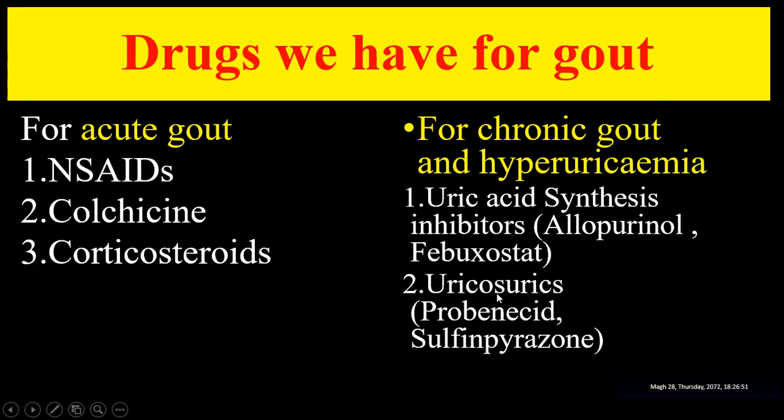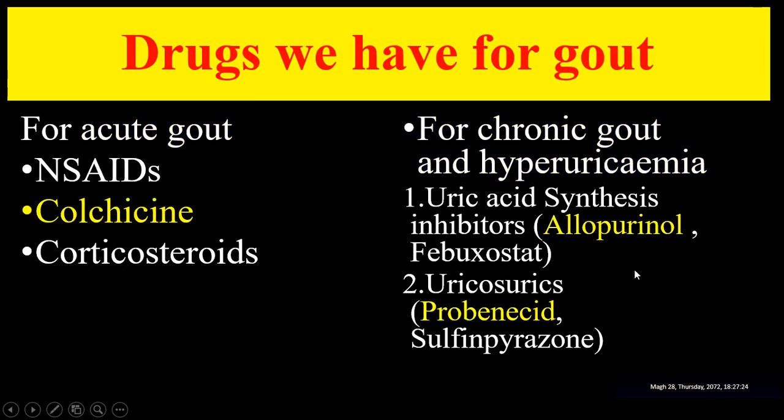These are known as clearing uric acid out from the urine, known as uricosuric drugs. So for chronic gout, which comes with the feature of tophus or uric acid stone in the kidney, we have two kinds of drug: uric acid synthesis inhibitors that do not allow the formation of uric acid, and another one is throwing uric acid out of the body.